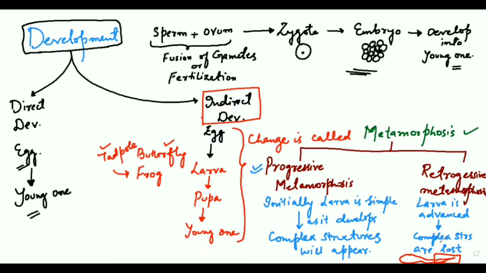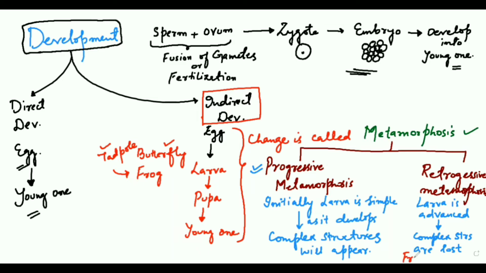It had some complexity. But as it developed towards the adult, it lost its complex structure like this tail. So you'll see frog and Herdmania also. Herdmania, which is sea squirt, in them you will see that the tail disappears with the passage of time. As the individual becomes adult, this tail is lost.